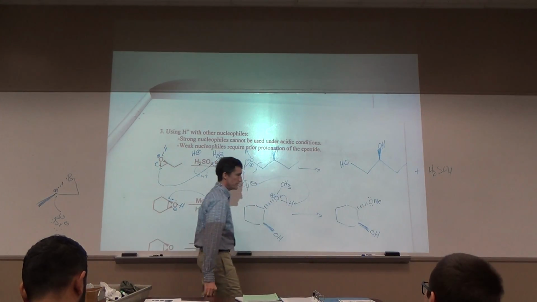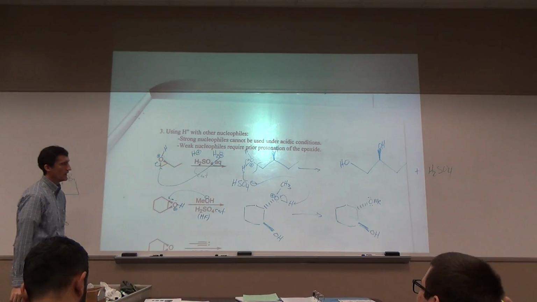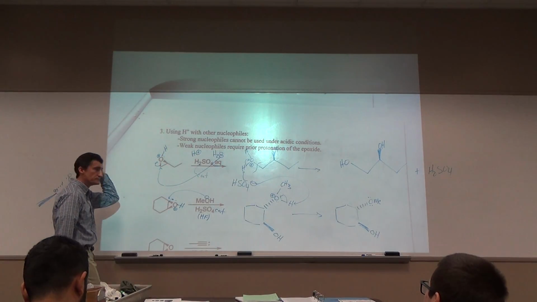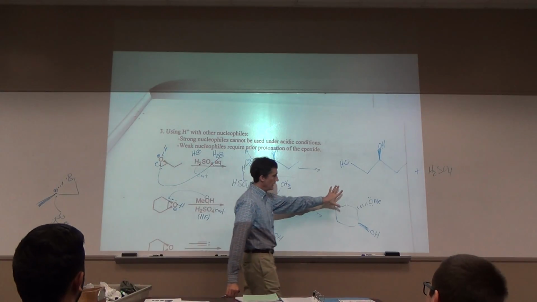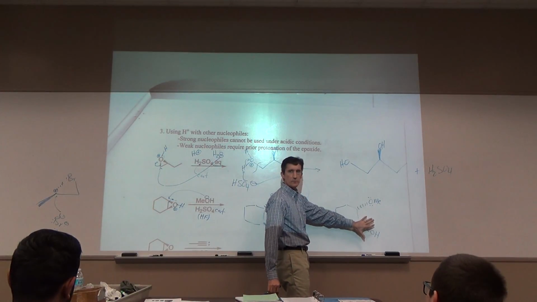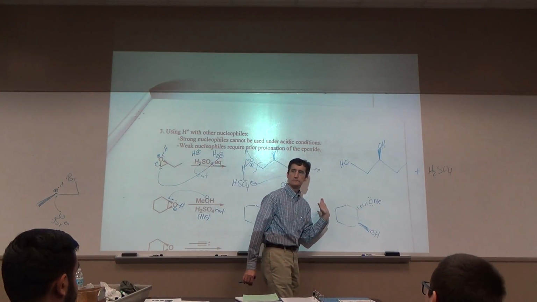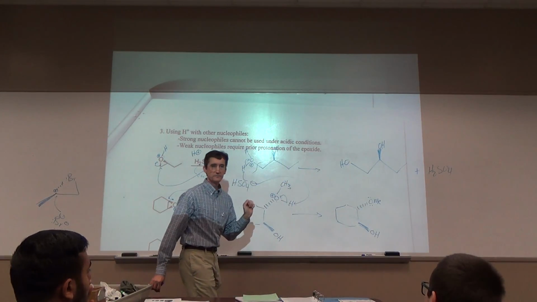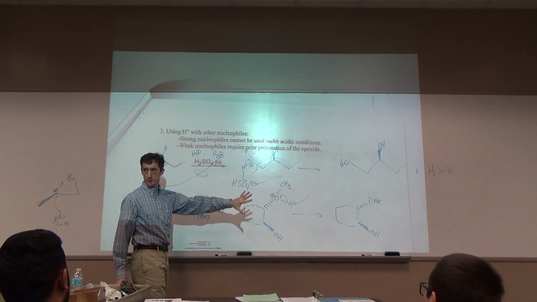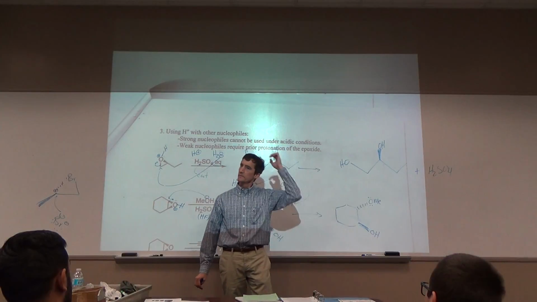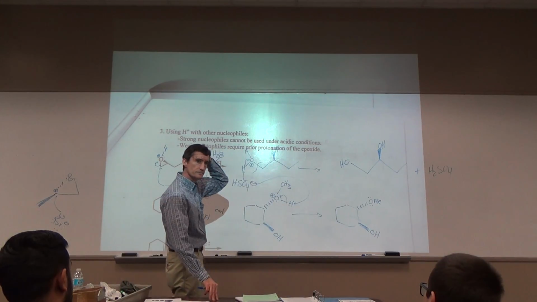Now you have two lone pairs. There you go. This product is chiral. What else are we going to get formed here? We reformed sulfuric acid, yeah. What else is formed here? No. There's no enantiomer formed here.